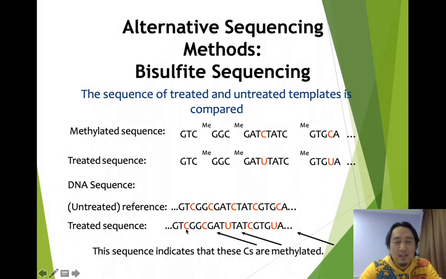We know it remains C, meaning the C is methylated. GGC methylated. GATU. So the C changing to U means that the position of C here is not methylated. That's why it was changed to U. This sequence indicates that these Cs are methylated. This one is methylated. This one is not methylated.